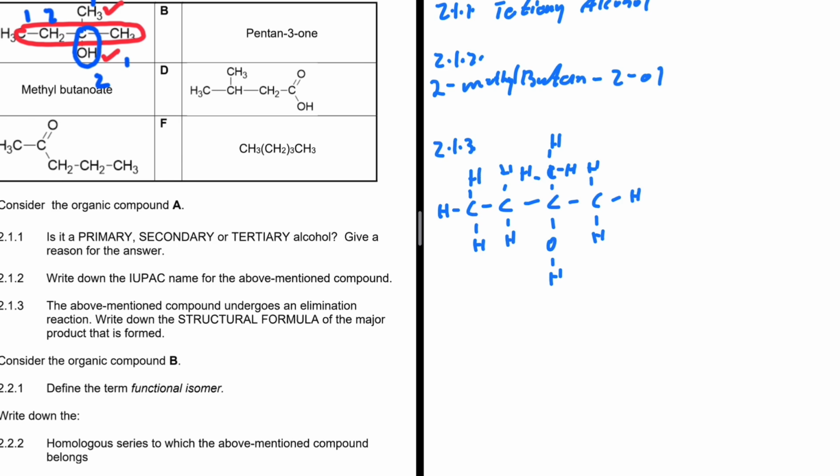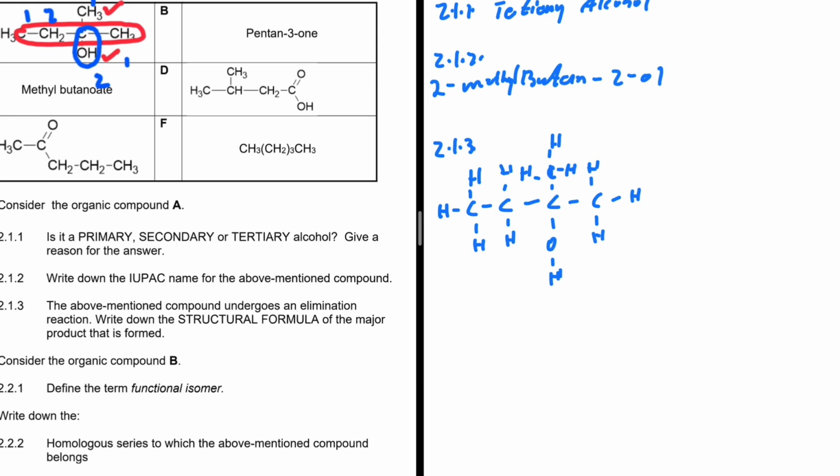Because this is an alcohol that you're dealing with, right? So the elimination that an alcohol can go through is dehydration. The alcohol loses 1 hydrogen and an OH, making it H2O, as dehydration. That is the only elimination reaction alcohols can undergo, right?